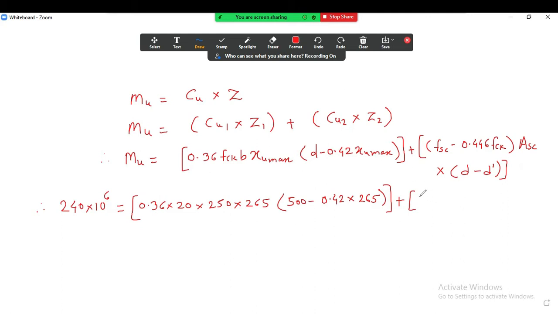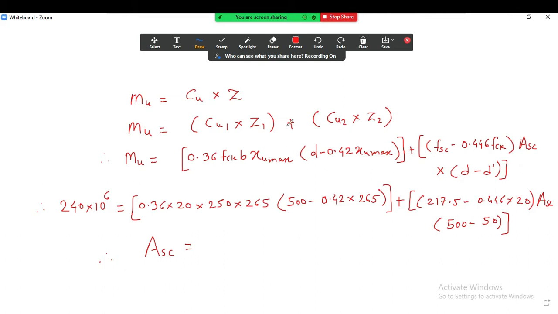So here it is 217.5 minus 0.446 into 20, into Asc as it is, then d minus d dash, where d is 500 minus the effective cover on the compression side, which is 50. Now you need to solve this equation to get the area of steel in the compression zone. Only Asc is unknown in this equation.